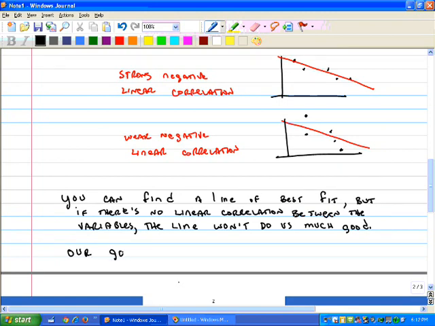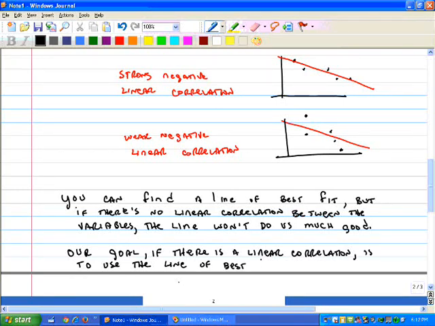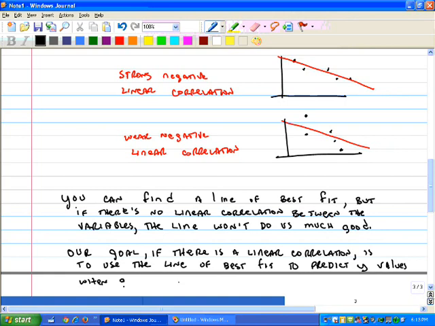Our goal, if there is a linear correlation in the data, is to use the line of best fit to predict y values when given x values.